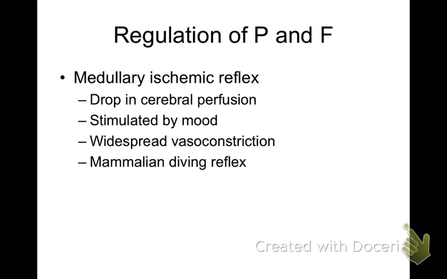The mammalian diving reflex is seen obviously in diving mammals such as seals and walruses and dolphins and whales. The diving reflex vasoconstricts broadly the systemic circulation so that blood flows from the right side of the heart out to the lungs. Of course, they're holding their breath.